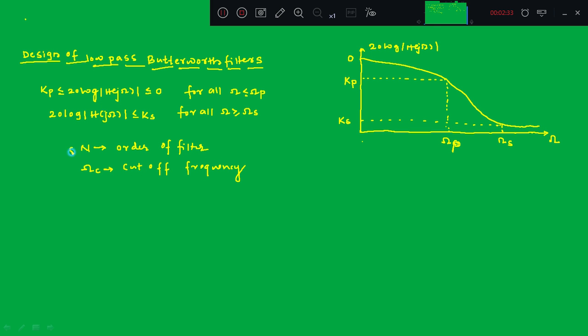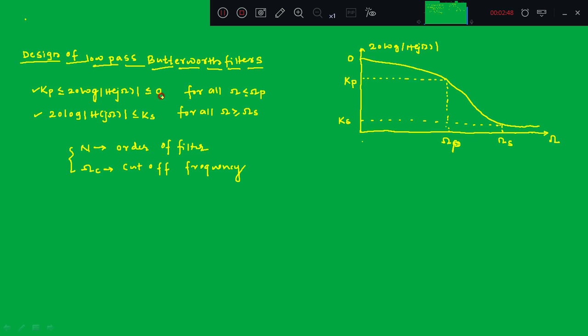In order to calculate these two, we should meet two specifications. These are called the frequency specifications, and these two frequency specifications have to be met.